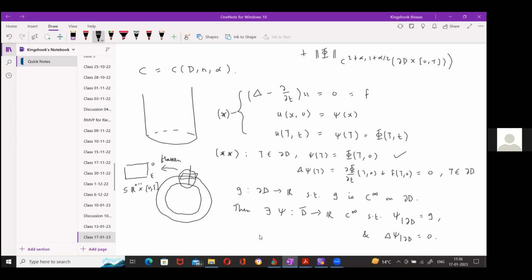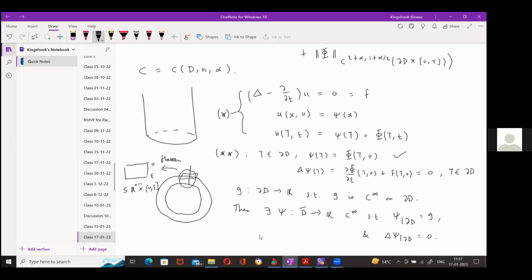The Laplacian, it turns out, you can write as a sum of second partial derivatives along an orthonormal basis for the tangent space to the boundary, and the second derivative along the normal direction. Now, the second derivatives along the boundary direction are determined by g, the function on the boundary.